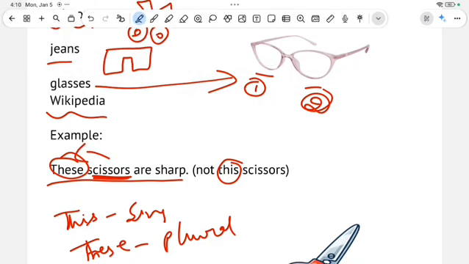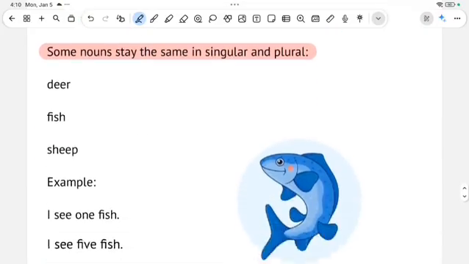It doesn't matter whether you need one scissor or more than one scissor. You always say where are the scissors. If you want to add quantity, you can use some, few, like this, or otherwise you don't have to say I need a scissor. No, you need scissors. Where are the scissors, like this. Okay, I hope you are getting my point.